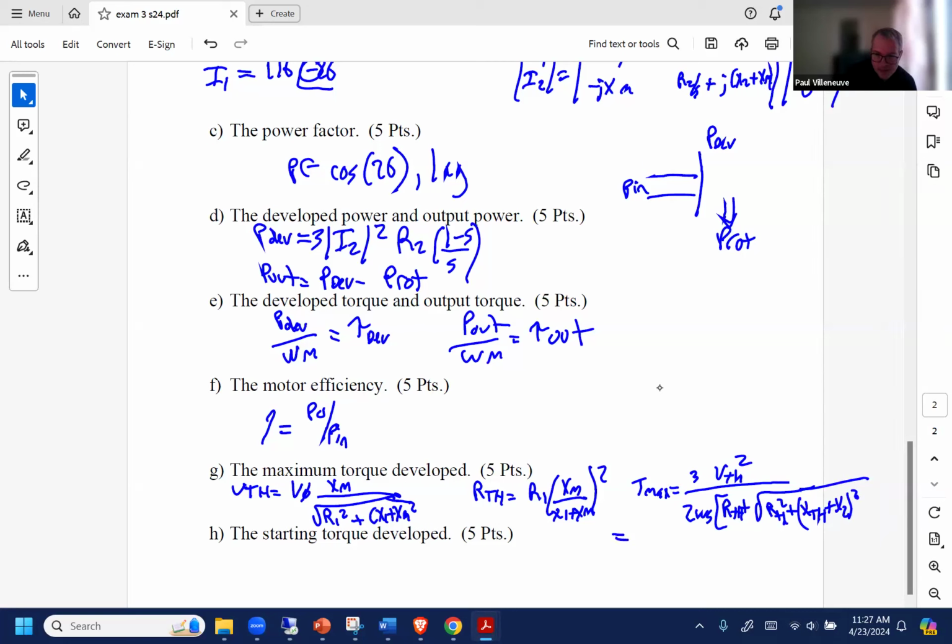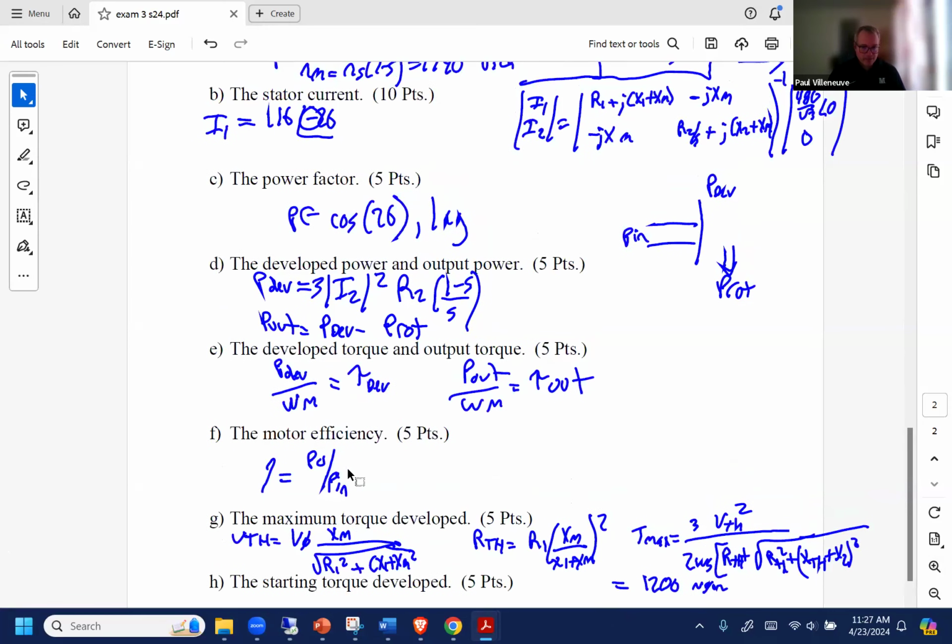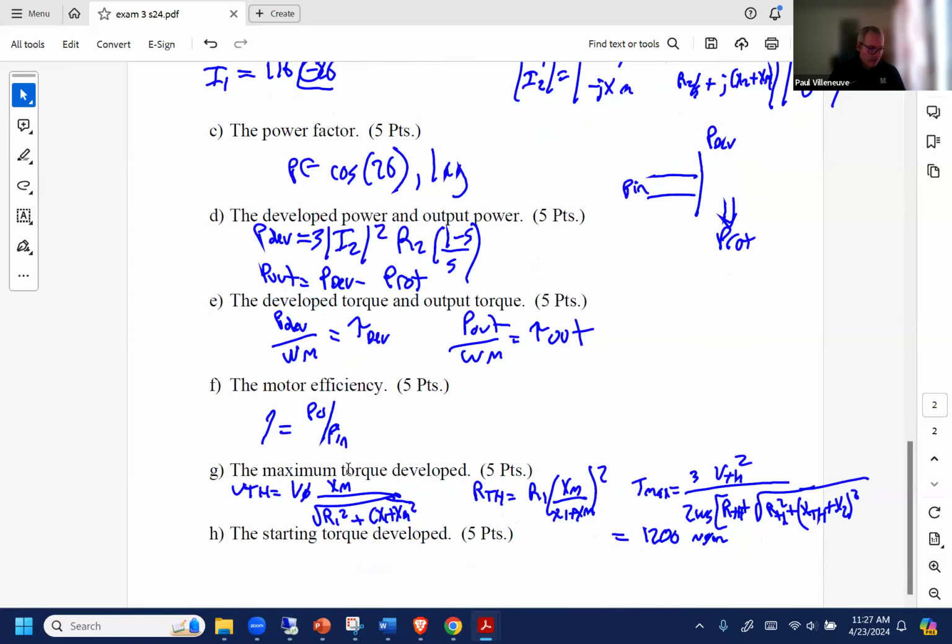And when you did the T max calculation, I think I got around 1200 Newton meters. So that was just plugging in and checking the equation.